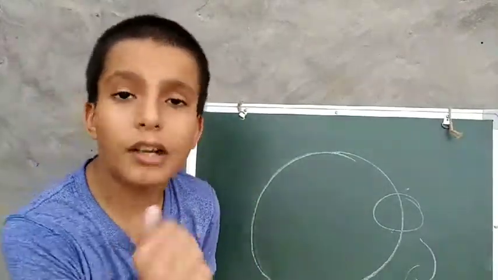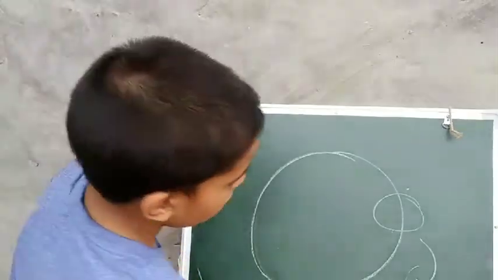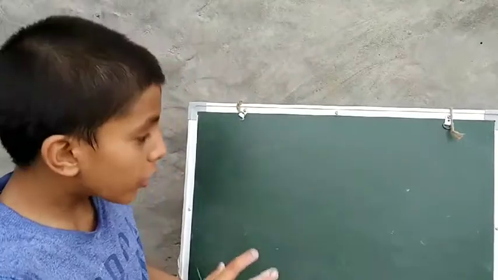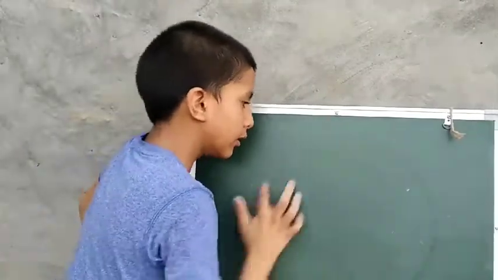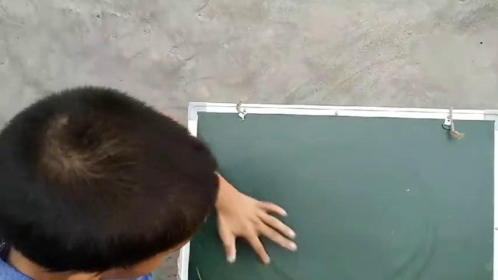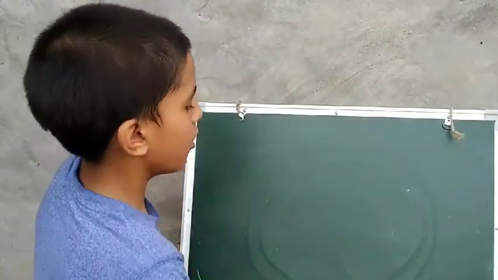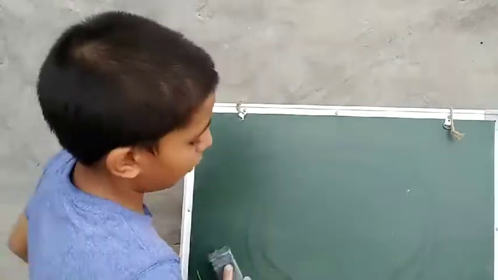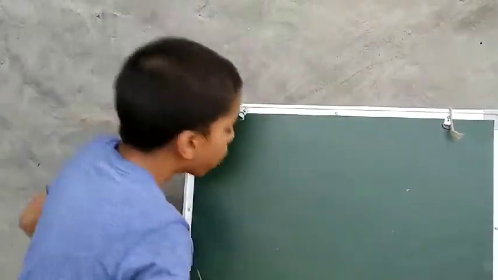So when you hear circumference, it means the length of this whole line from which this circle is made. The length of this line is known as circumference, not perimeter of a circle.